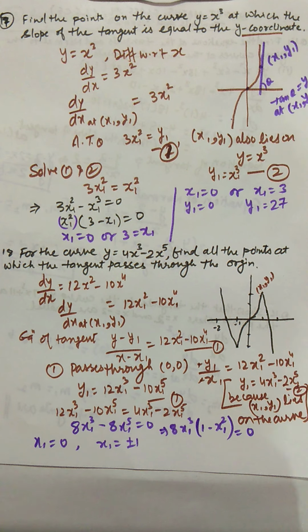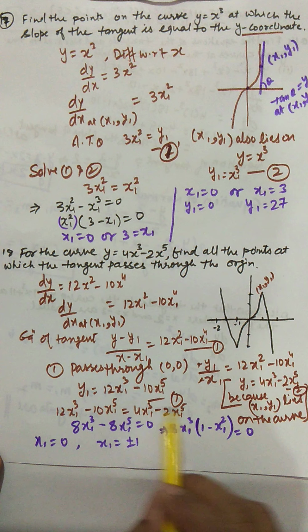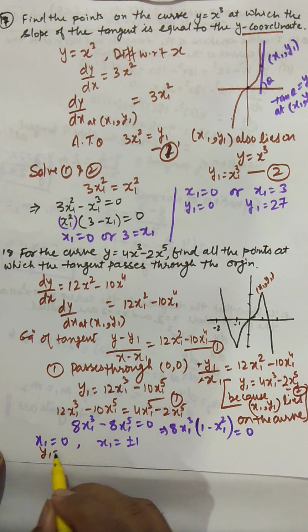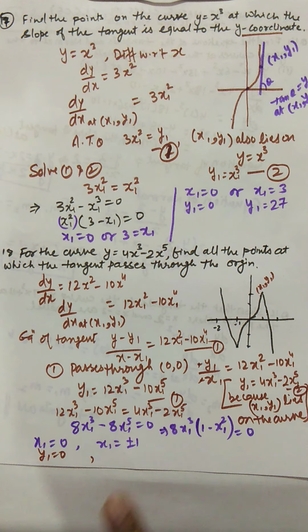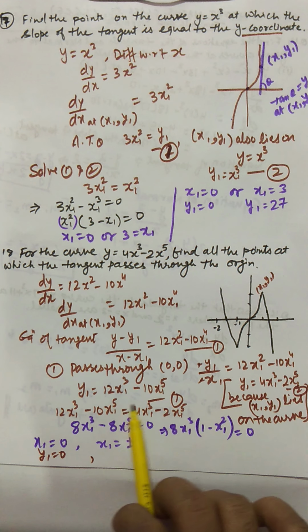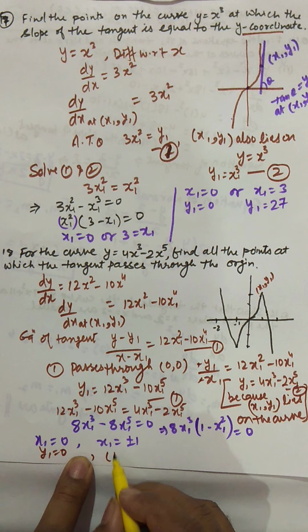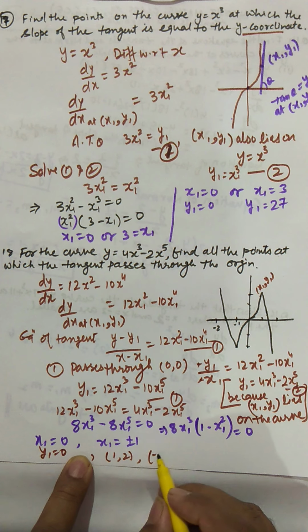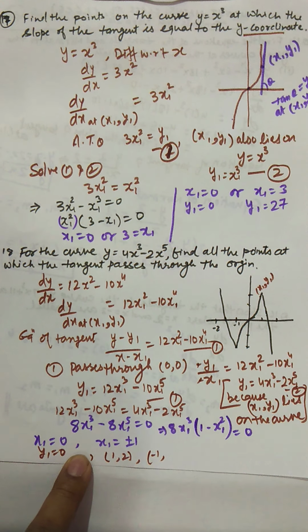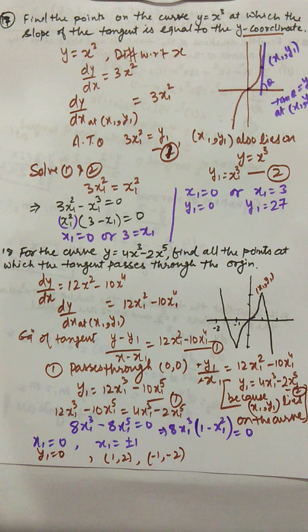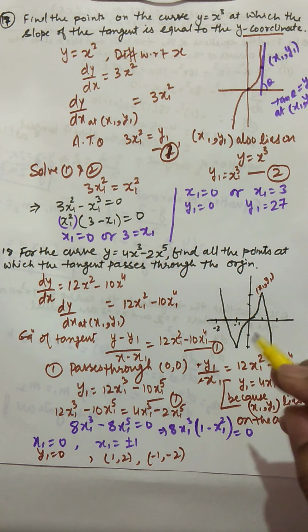Now you can put these values in either equation 1 or 2 to get y1. If I put 0 in 1, then y1 is 0. If I put x equal to 1, then 12 - 10 is 2, so the point is (1, 2). If you put -1, the answer will be -2. This way you can find all the points.